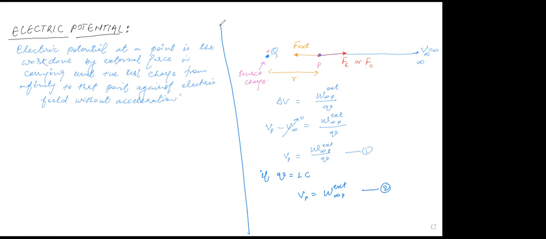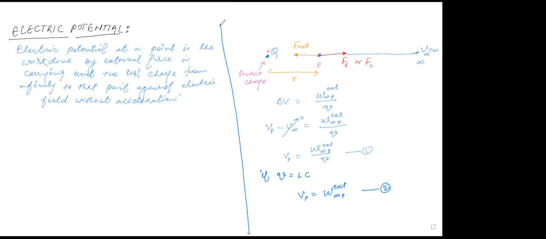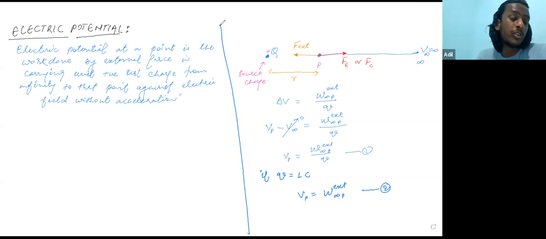Charge is transported from infinity to point P. The second main point is that your charge should not be accelerated while transporting from infinity to P. If charge is accelerated, then some amount of kinetic energy is also generated, because we already know that due to the motion of the charged particle, kinetic energy develops. So remember that your charge should not be accelerated.